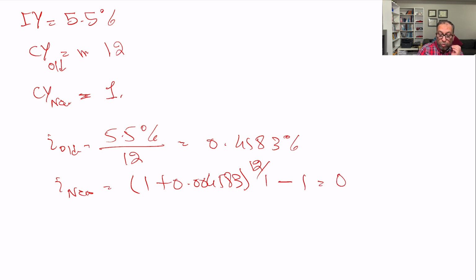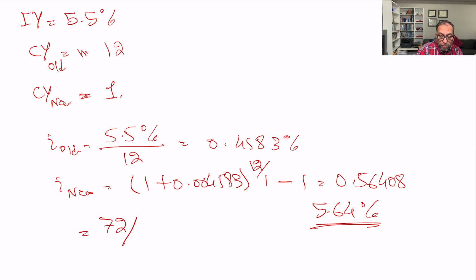So we get 0.05640, or we can write it like 5.64%. That's our effective interest rate. So if the effective interest rate is this, at this rate, if we divide 72 by 5.64, we get around 12 years and 9 months to double the investment.